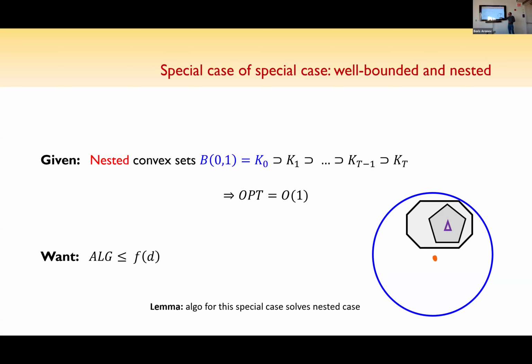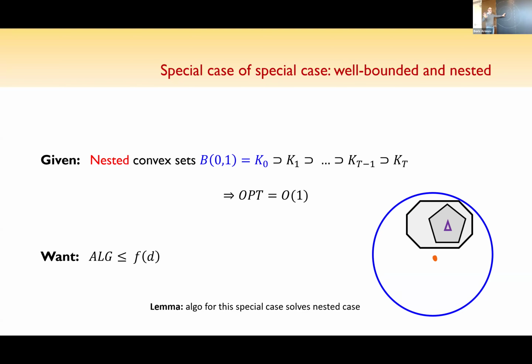And I want to claim that any algorithm for this special case solves the general nested case. Let me give you a very high level, hand-wavy proof, just to convince you that it should be true.